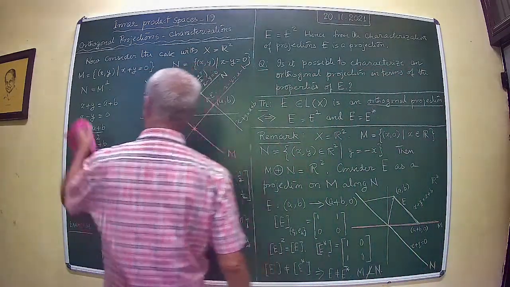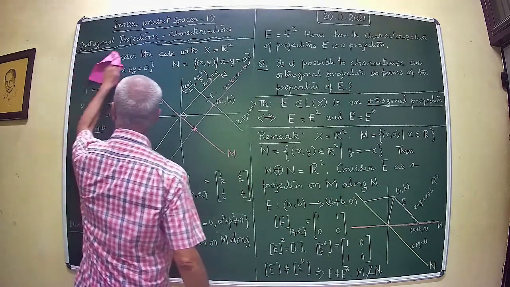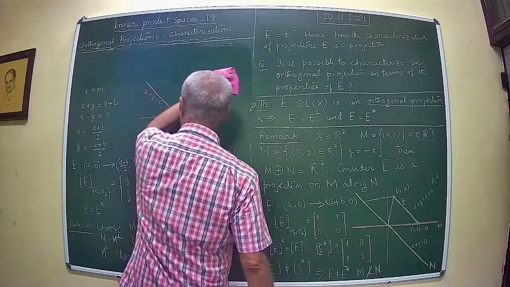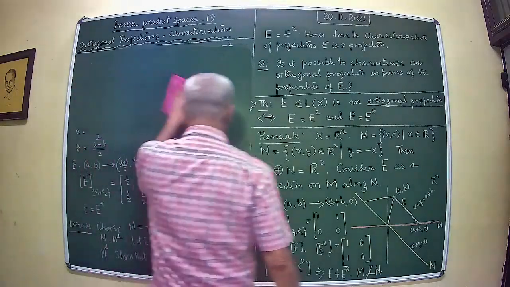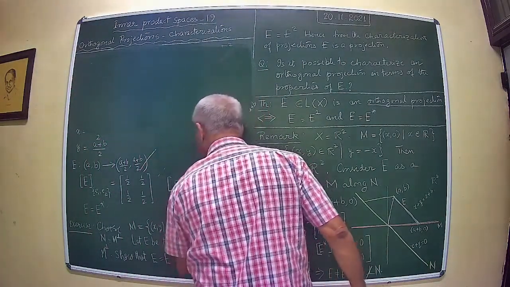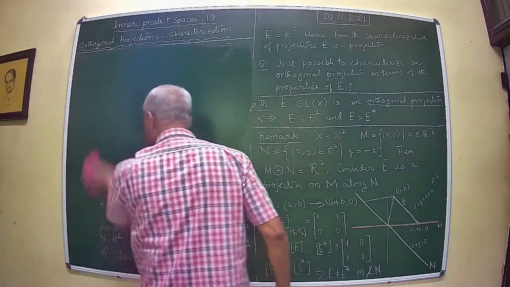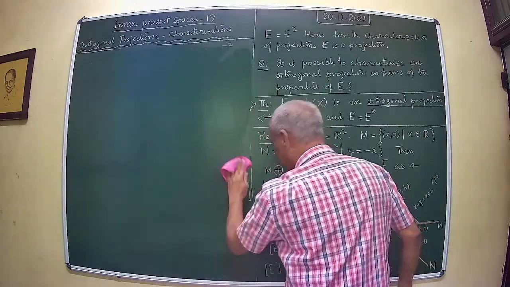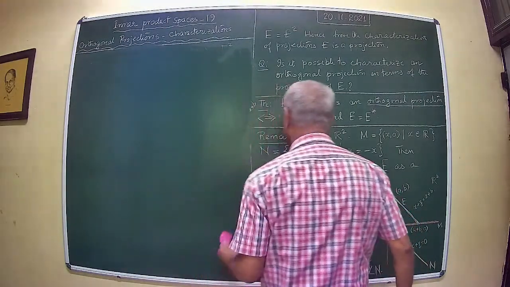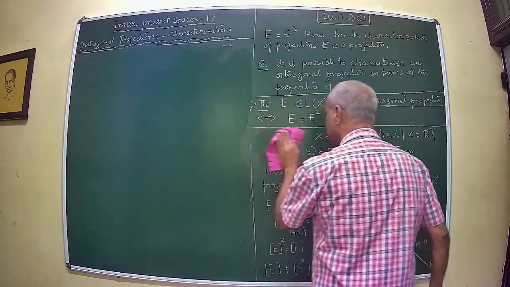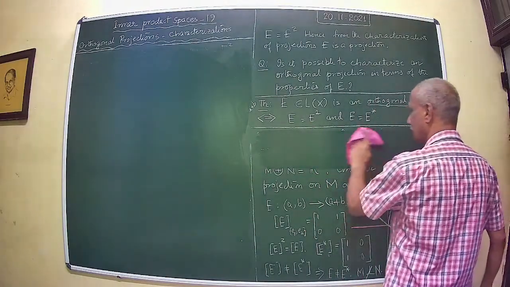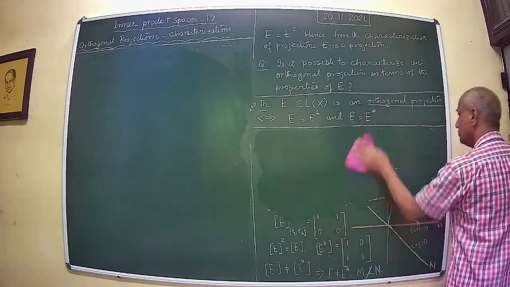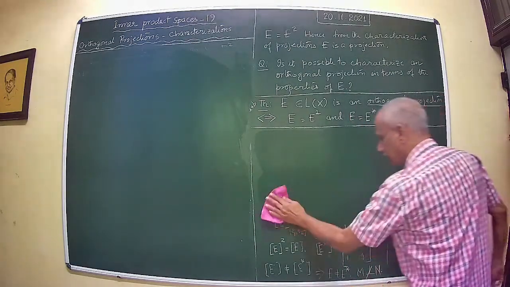Now we go to the proof of this theorem. So let me keep this theorem on the board, and then let us now write down the proof. So let me take out this complete remark. Okay, so in the problem, now let me write down the proof of this theorem.